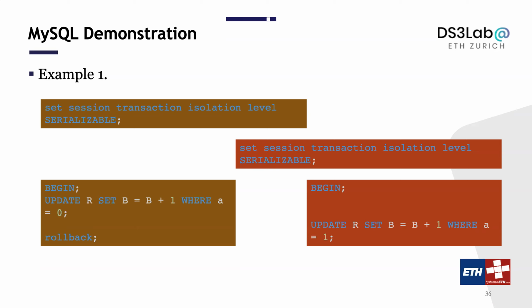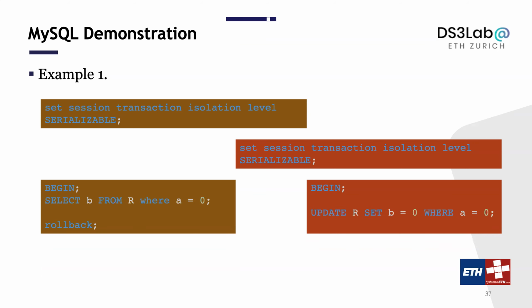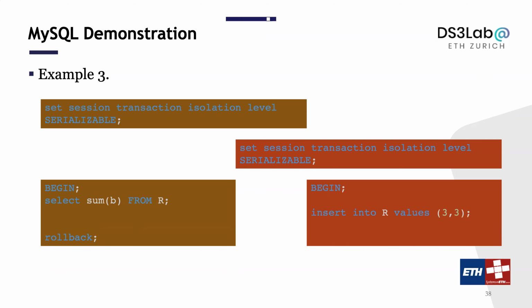I actually put multiple examples here, four in total, and you can see when these two transactions in different windows are going to wait for each other. That's something very interesting to see.